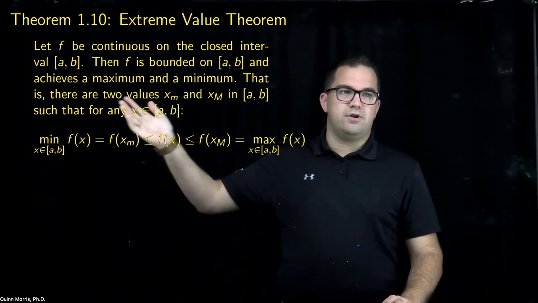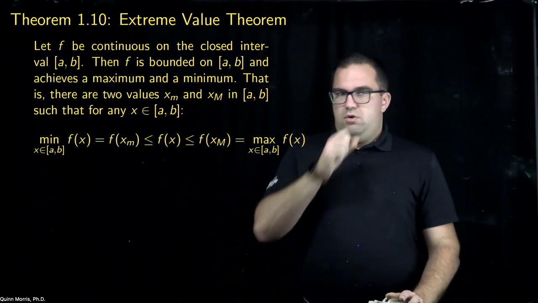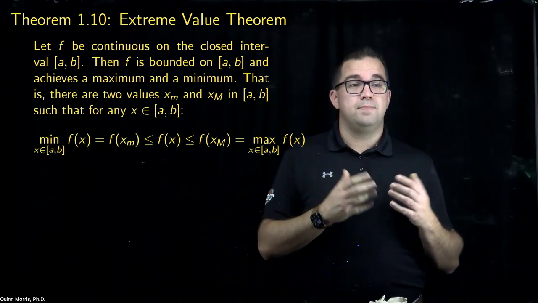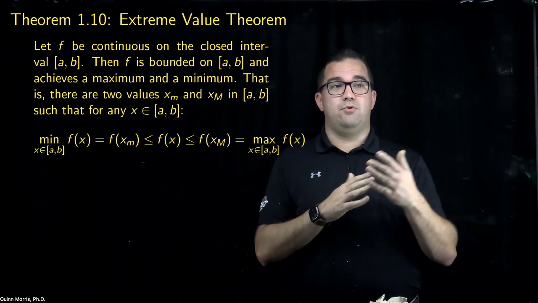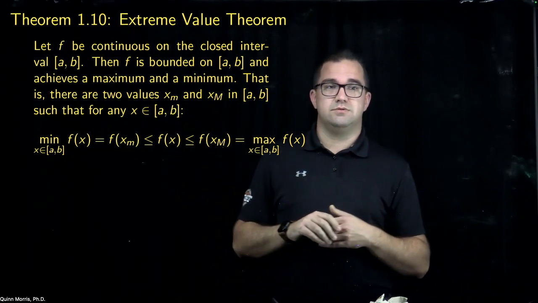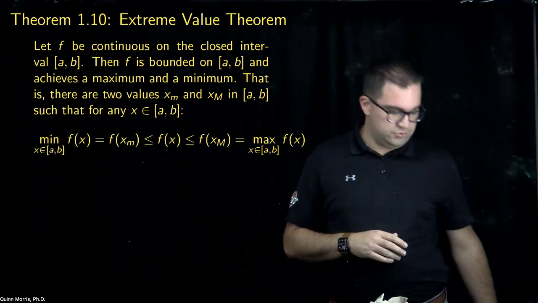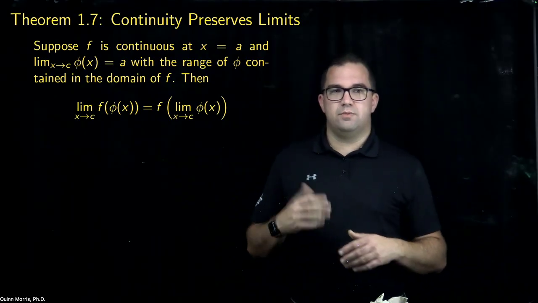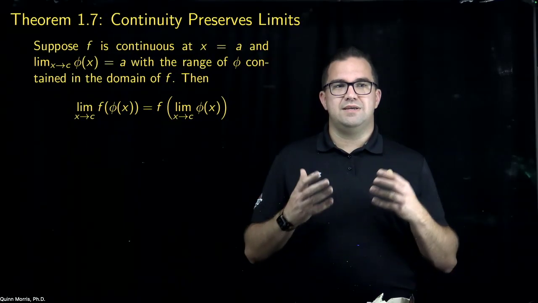Could I get rid of continuity altogether? We've already seen the answer to that is no. So the question to ask yourself is, are these conditions all essential? And what would it look like? What's a counterexample that shows me that I can't get rid of one of these conditions? So I'll ask you to do a little bit of that on the first exercise set.